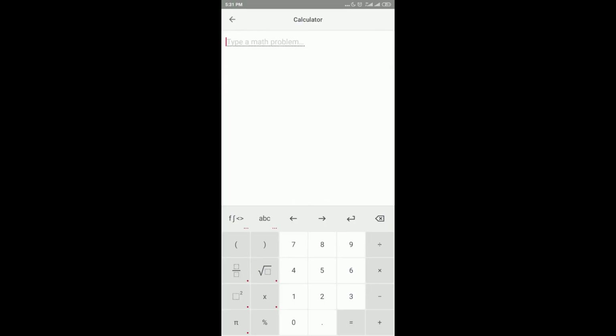Next, if you see the boxes right here, there are some boxes with a red dot. Those boxes have another option. For example, this fraction: if you press it longer, there are two options you can choose. For example, here the square root, you have square root of 3 and you have square root with nothing, so you can put how many numbers you want.